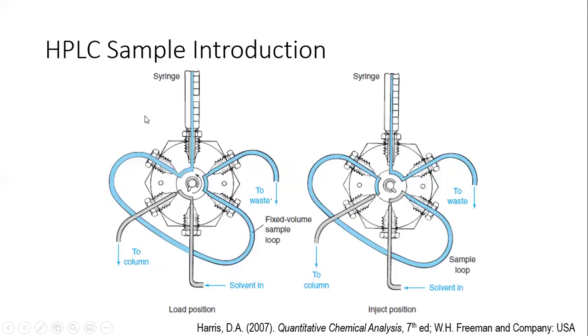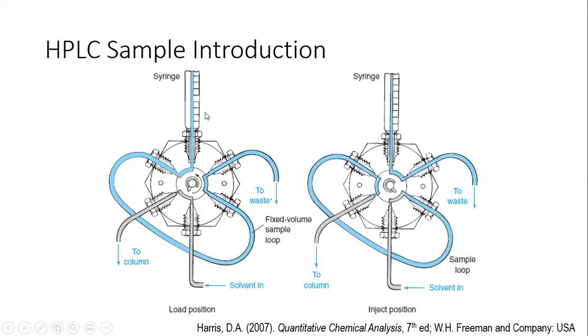So what happens is that if you inject your solution using a syringe, yung sample nyo, papasok siya dito sa fixed volume sample loop. So for example, kung ang kailangan nyo lang i-inject sa HPLC ay 1 microliter, so meron ditong 1 microliter na sample loop.